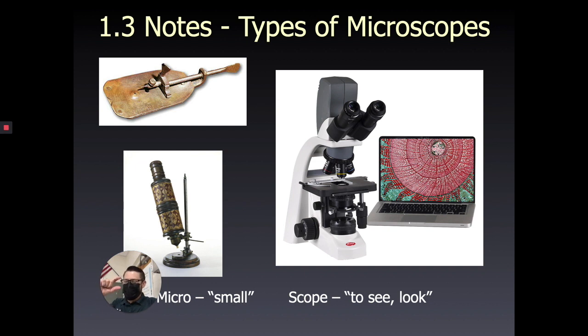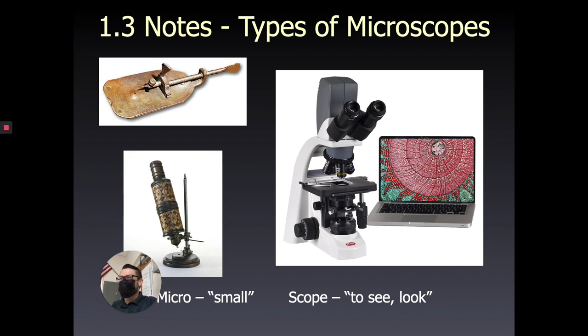It was a small piece of brass about this big, and you would hold it up to your eye and look through the little hole right there in the middle, and then you would put a sample on the end of the needle and use the little screw knobs to adjust your sample, and then you would be able to magnify things. So anything that can make a small object appear larger could be considered a microscope.